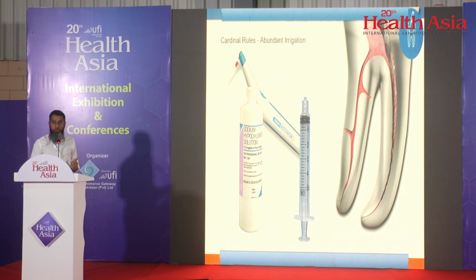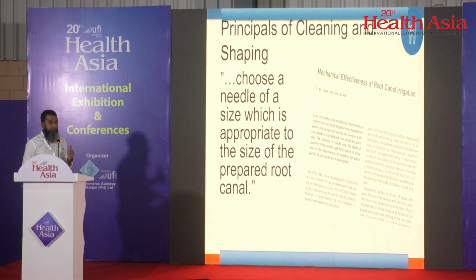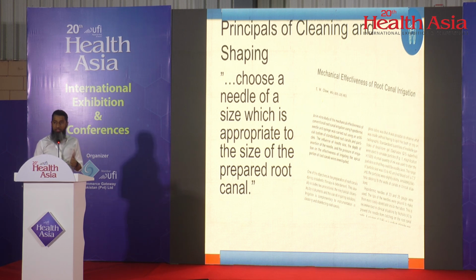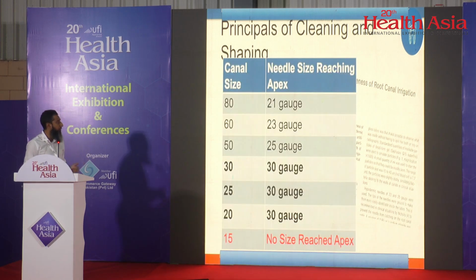And like I told you, irrigation is of great importance, and to get a better result in irrigation, not just the type of irrigant, it is the type of needle or the size of the needle that you choose is also important. So for good irrigation, one, your good irrigant, which usually as a standard we use sodium hypochlorite, and your needle size is also important, because if the canal size is enlarged up to a 25 number file, then even just a 30 gauge needle will reach the apical area.